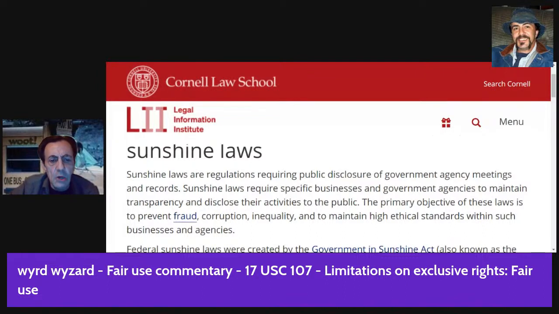ACUS information interchange bulletins are intended to help agencies and the public understand the administrative process. They should not be relied upon as legal documents. The Government in the Sunshine Act, better known simply as the Sunshine Act, requires that meetings of certain federal agencies be open to public observation.